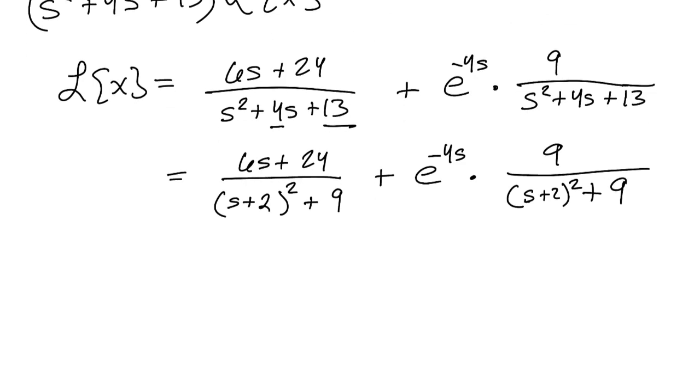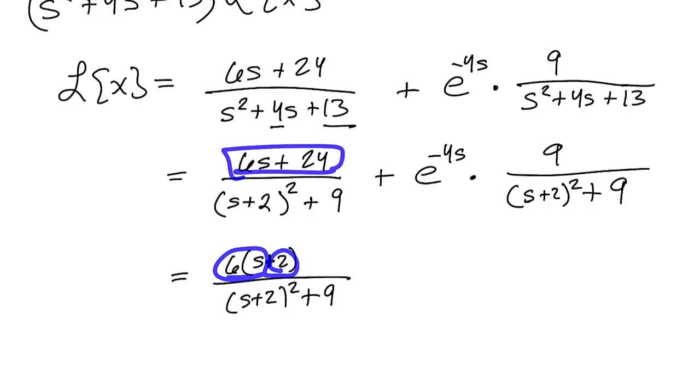Now, the first term here, we need to have s plus 2 in the numerator to match the s plus 2 squared in the denominator, and it currently does not. But if I factor out a 6, 6 times s plus 2 would equal 6s plus 12.